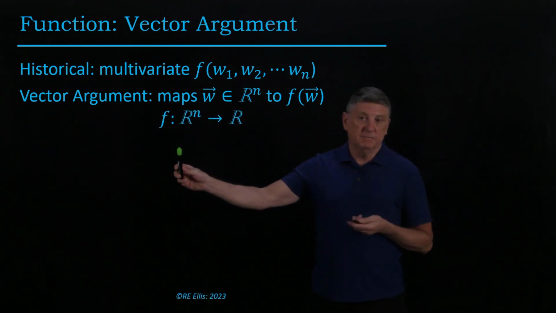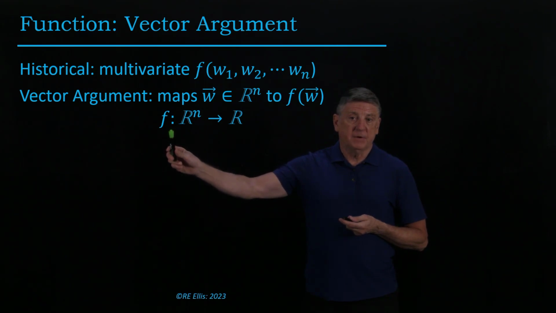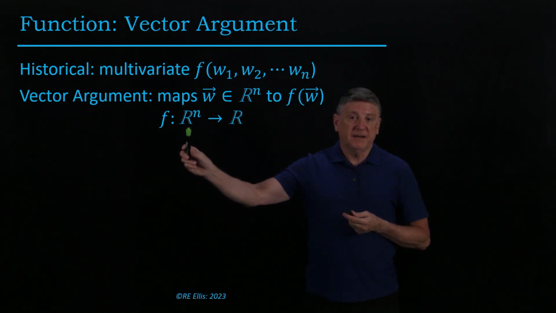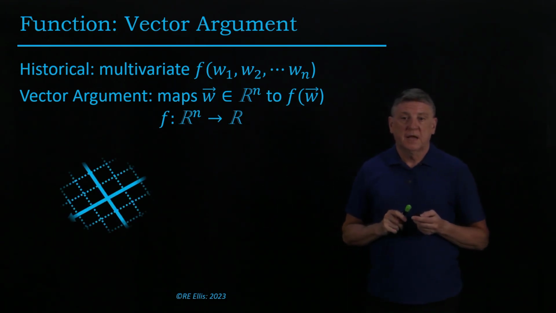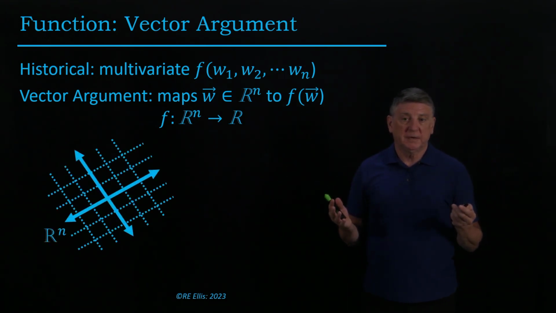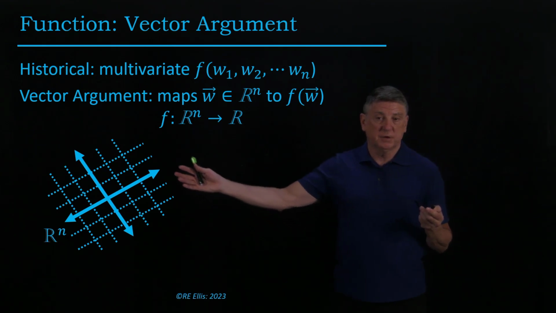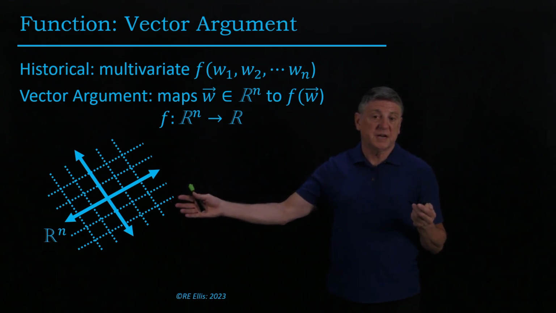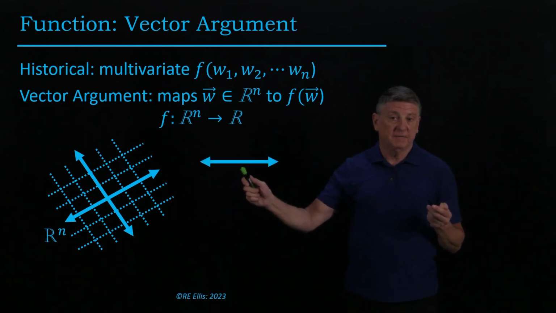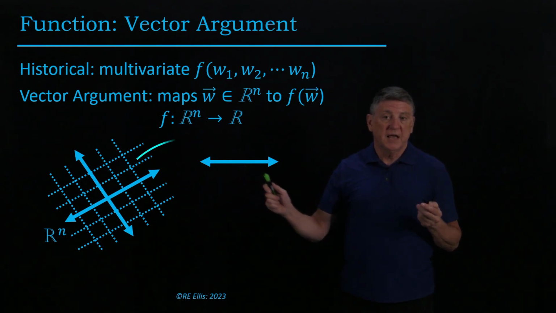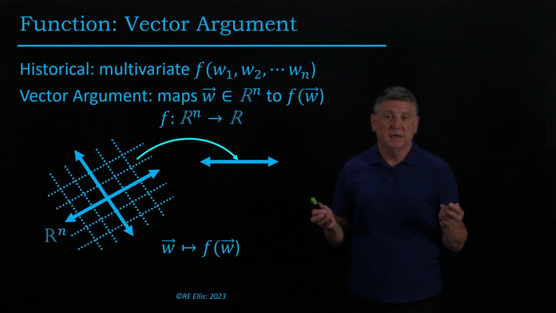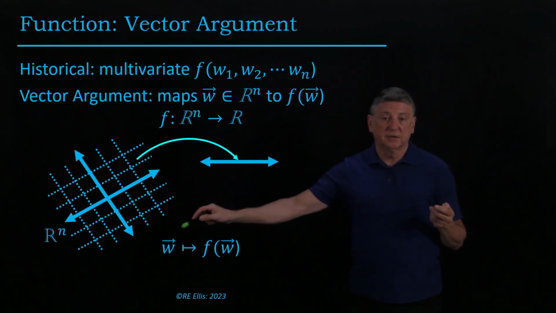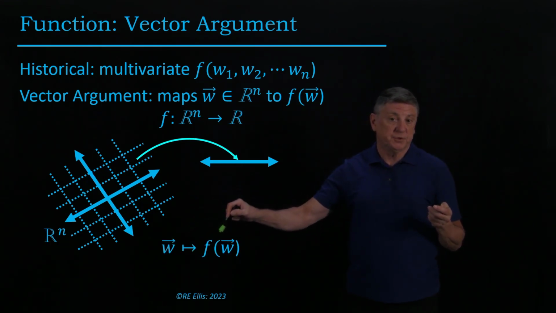And written in map form, f is a map from a vector space of size n to a real number. Pictorially, we can imagine that we have a vector space, so these are size n vectors, and the codomain is real numbers, and what we're doing is mapping from that vector space to the real number line. We can say that one particular vector is mapped to a particular real number.